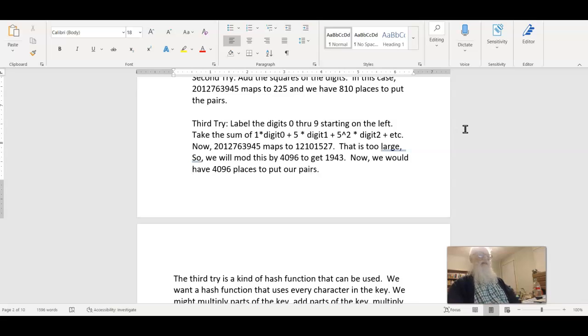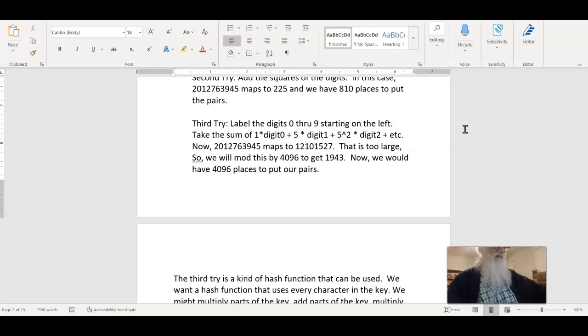And take the sum of 1 times digit 0 plus 5 times digit 1 plus 5 squared times digit 2 plus so on. Well, that gets pretty large. I've just given you one example there. And we would probably consider it too large. So we'd put a mod on it and take it, say, to 4096. Now we would have 4096 places to put our pairs.